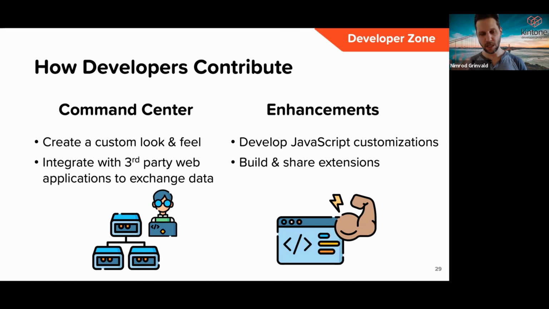You can create enhancements like these client-side executable JavaScript code that expands native functionality, or you can build and share extensions, which you can imagine as like Chrome extensions, things that users can download and then configure to extend the functionality of the platform without needing to know how to code.